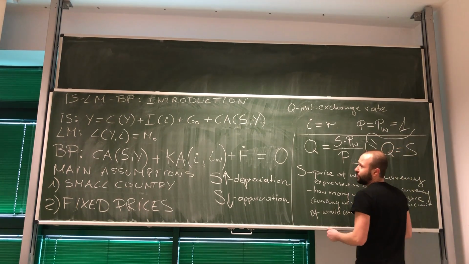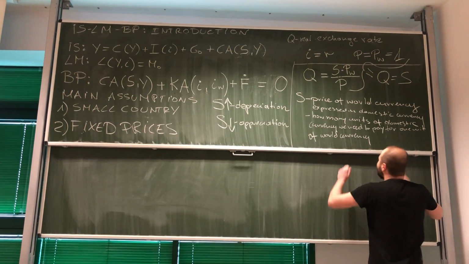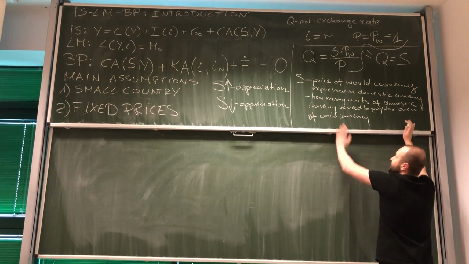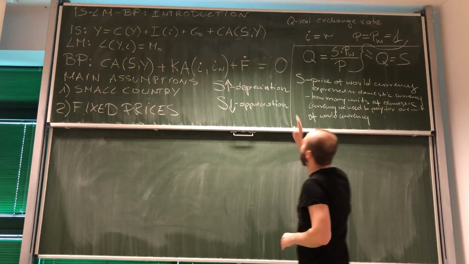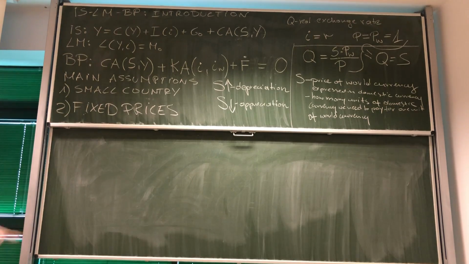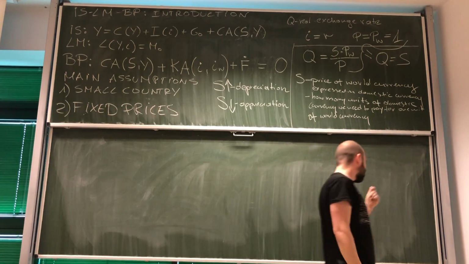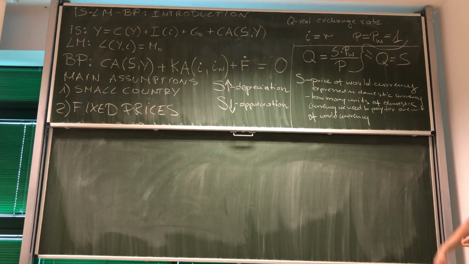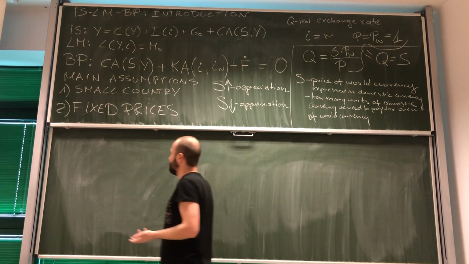Okay. So look, at this moment, we need to start to get a little bit deeper into all the new components that we have over here. And of course, let's start with current account. Current account is a trade balance, right?